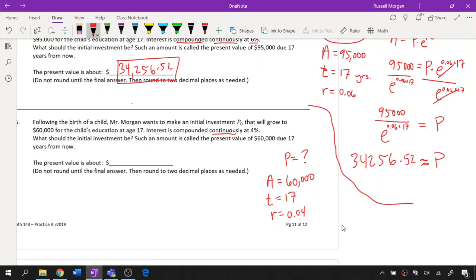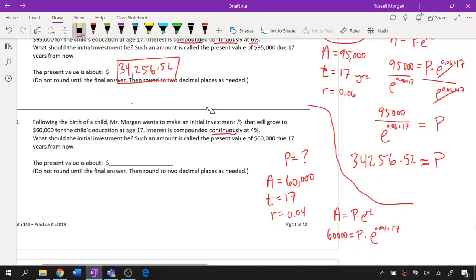Okay, so again, we've got to do this formula. It's A equals P e to the rt. So our amount is going to be 60,000, and that is going to equal the principal that we don't know times e to the 0.04 times 17. Sorry, that's hard to read.